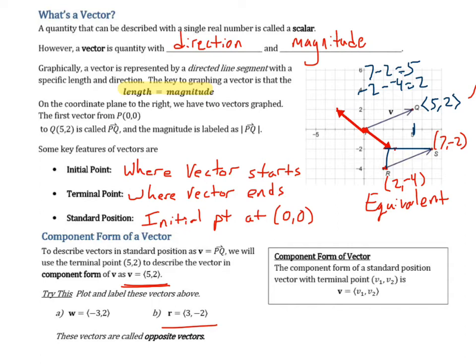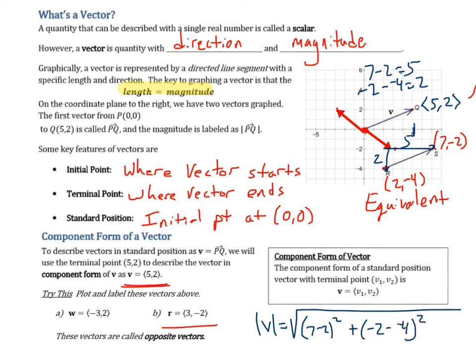Okay, and to find the magnitude, well, we just have the Pythagorean theorem here. This is 2, this is 5. We're really finding the distance between these 2 points. The magnitude is a distance, so we're going to use the distance formula to find the magnitude. So we can say the magnitude of this vector v is just the distance formula, which is the square root of 7 minus 2 squared plus -2 minus -4 squared.